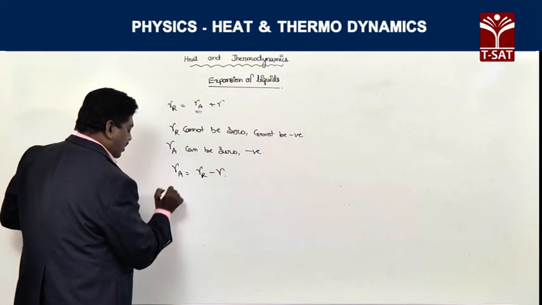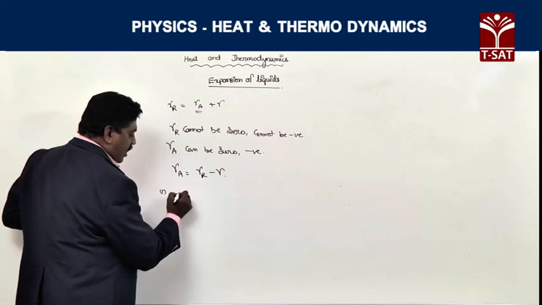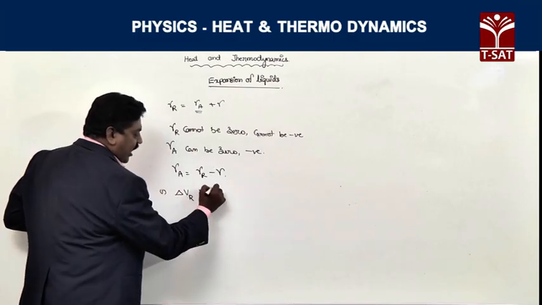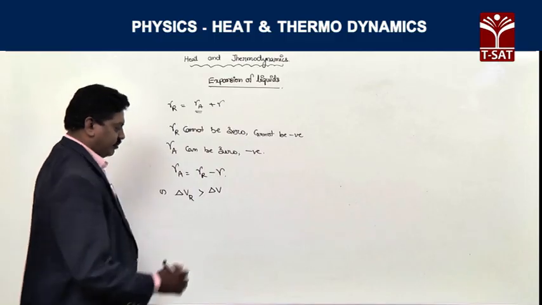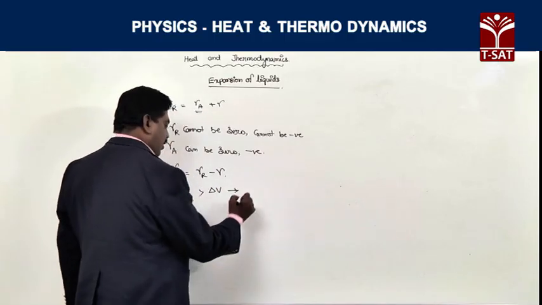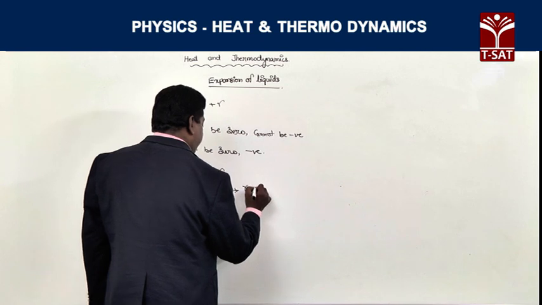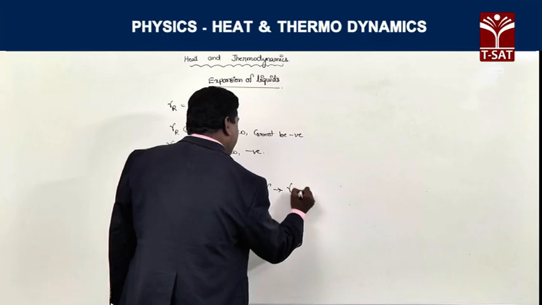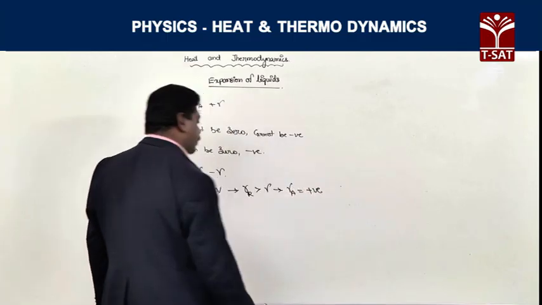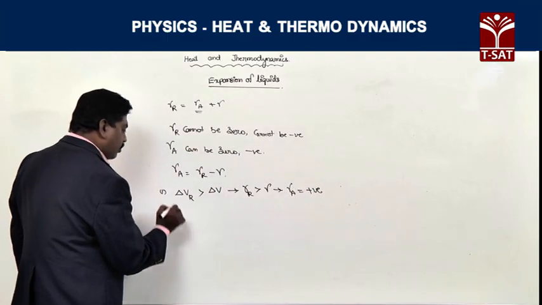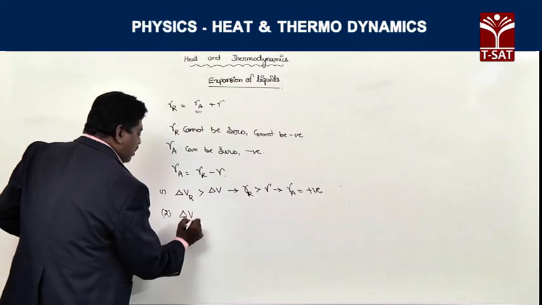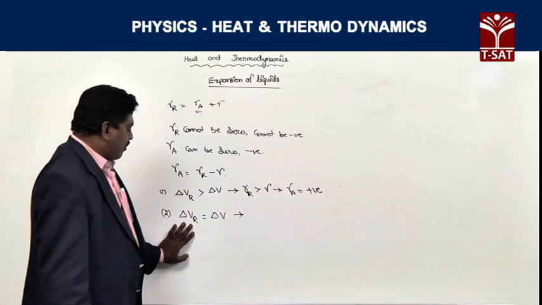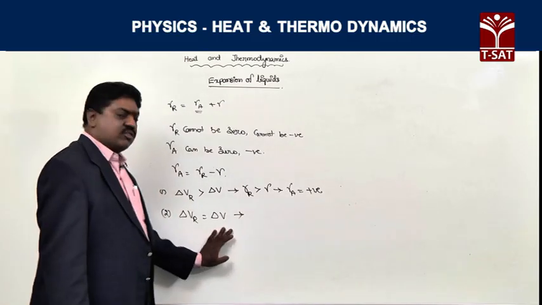The first situation, let us say like this: if the expansion of the liquid is greater than the expansion of the container, in that case gamma R is greater than gamma, so that gamma A will have a positive value. Second, delta VR is equal to delta V, like the volume expansion of the liquid is equal to the container expansion.